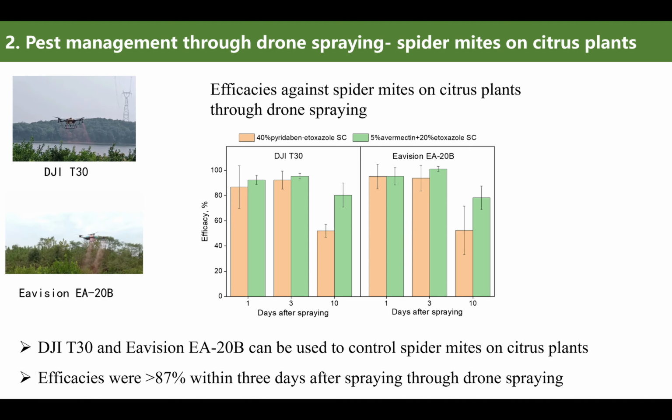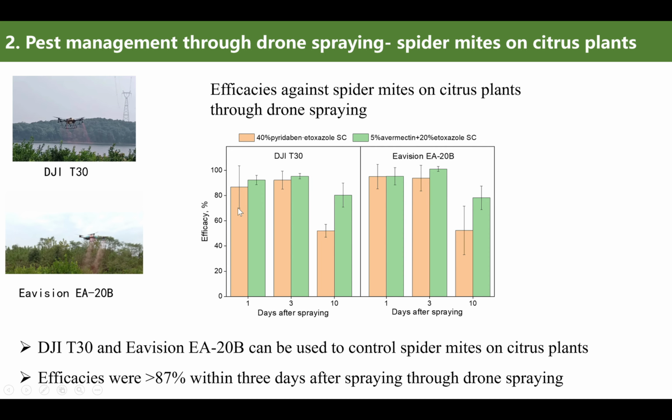This is the control of spider mites on citrus plants. We used 2 drones in this test. One was from DJI and another was from EAVision. And we used 2 formulations.